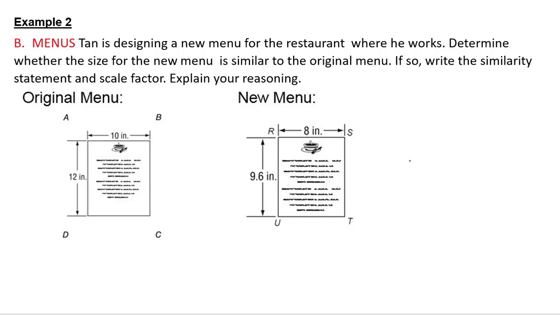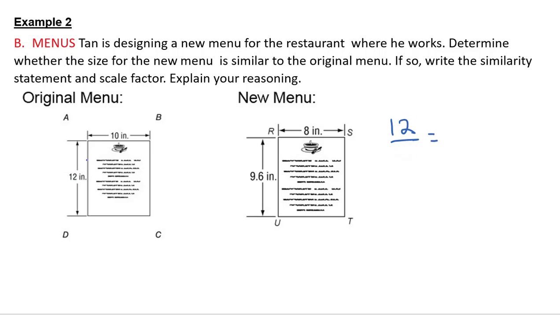Very similar question, but now I have to look at C. So I take the longer side in the first one. So 12 is to 8. Is that equal? I'm sorry, I did that wrong.